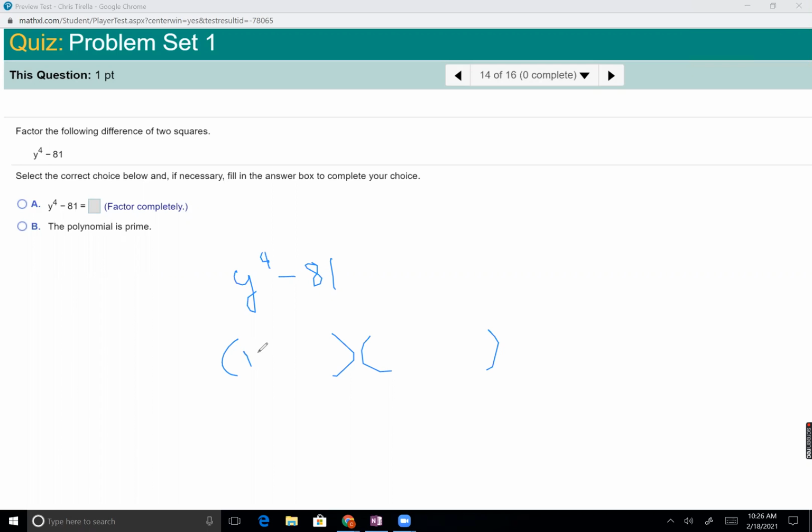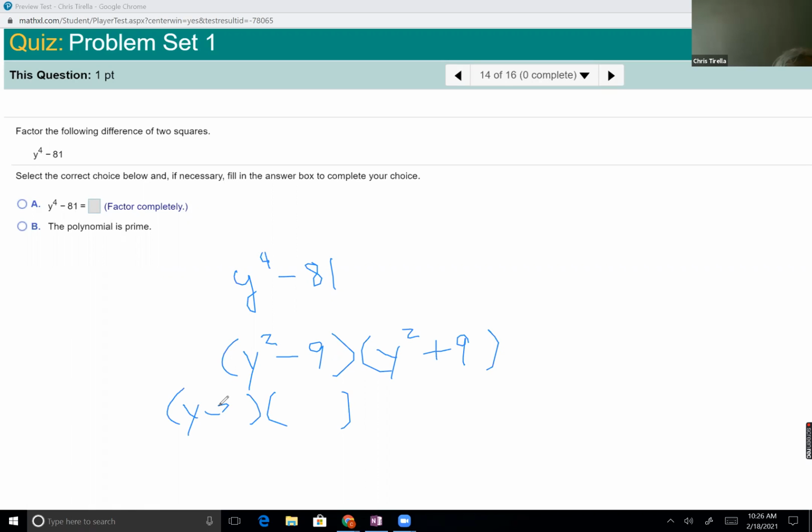That'd be y to the 2nd minus 9 times y to the 2nd plus 9. Am I done? Now you can factor the y to the 2nd minus 9 again, into y minus 3, y plus 3. But the one with the plus sign, you can't factor further.